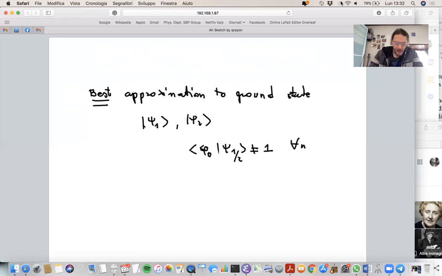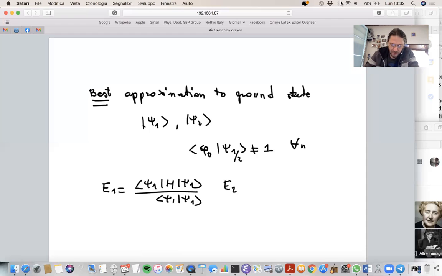However, if the expectation E1, defined as the expectation value of psi 1 on the Hamiltonian divided by the norm, and I will, from this point on, disregard the norm, assuming that the states are normalized, and I do the same with E2, psi 2 H psi 2 over psi 2 psi 2.